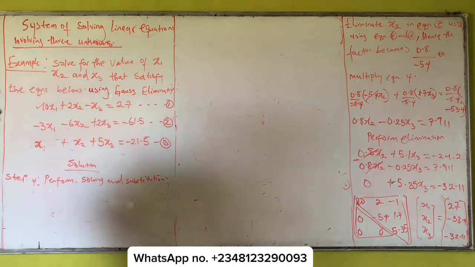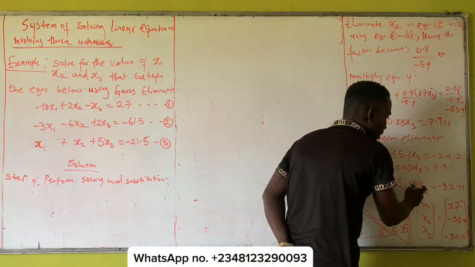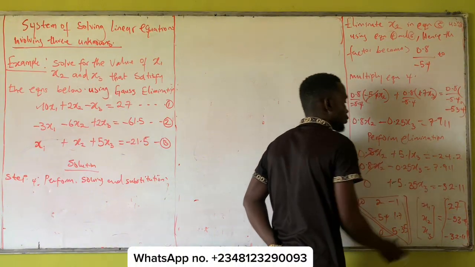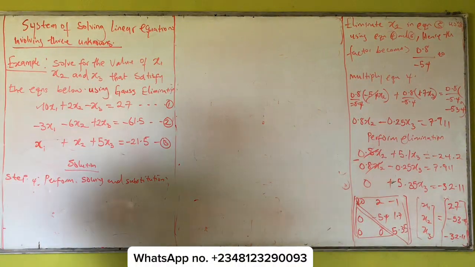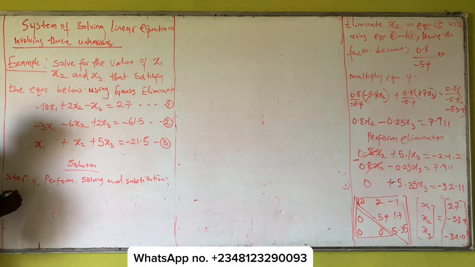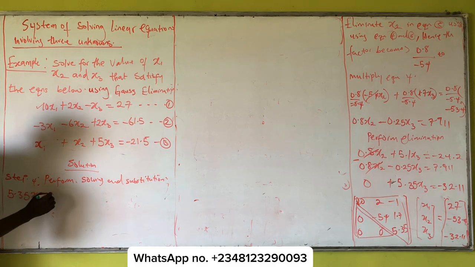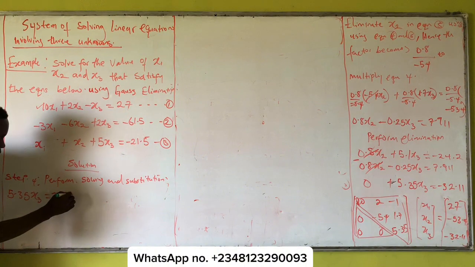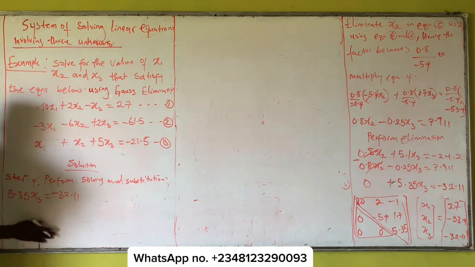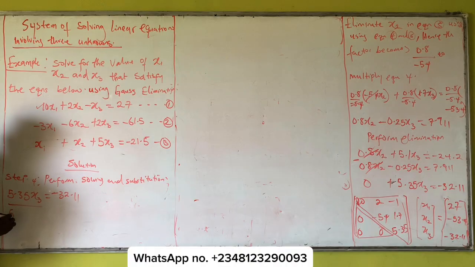Now remember that from here we said that 5.35x3 is equal to minus 32.11. For us to get x3 here, divide both sides by 5.35.